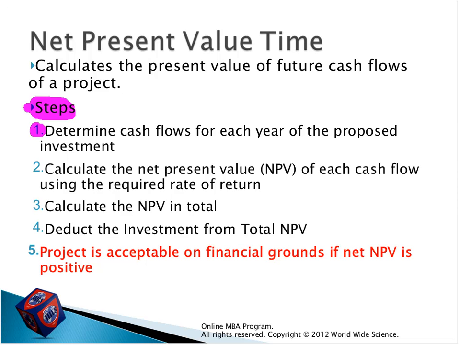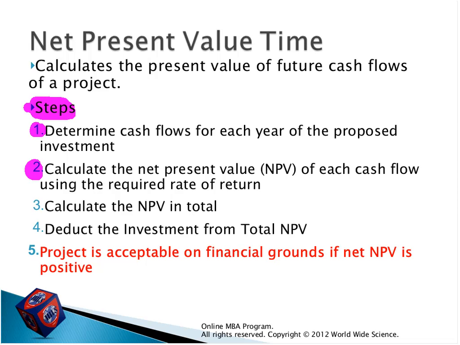The second step: calculate the present value of each cash flow using the required rate. Our required rate was 10%. You remember that we are going to discount our money by 10%.